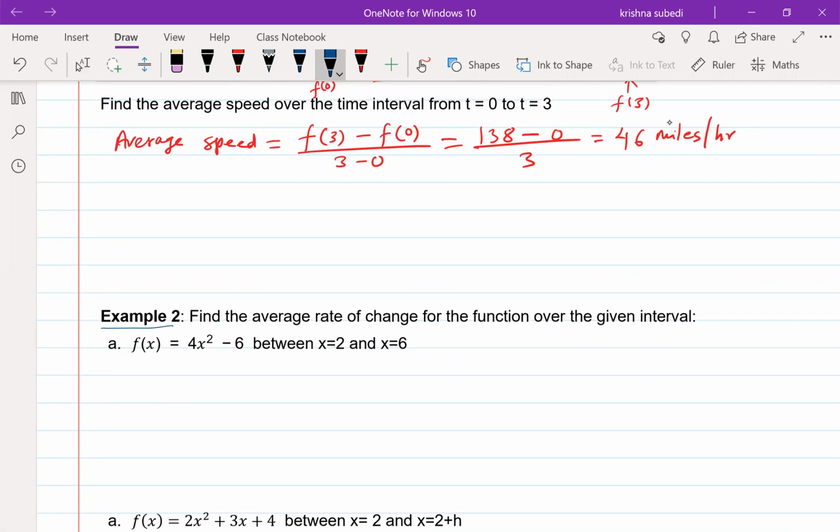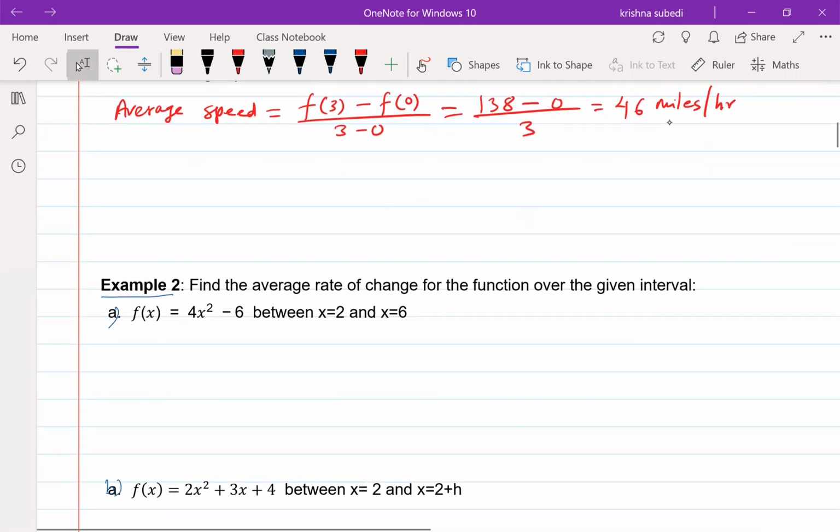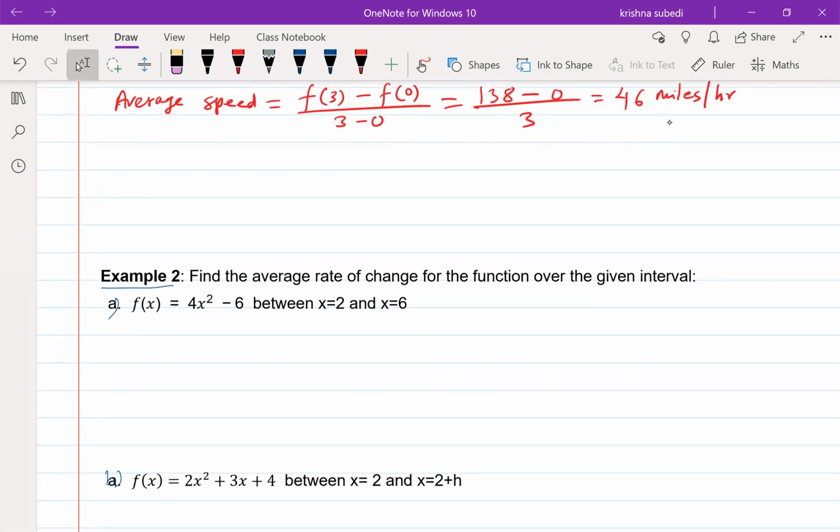Okay, now let's look at another example. Example 2, part A. Find the average rate of change for the function over the given interval: f of x is 4x squared minus 6, between x equals 2 and x equals 6.